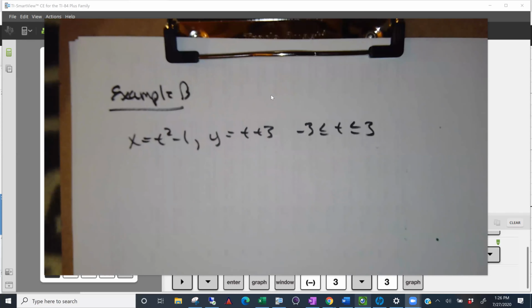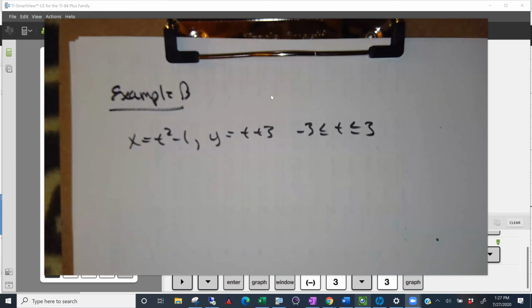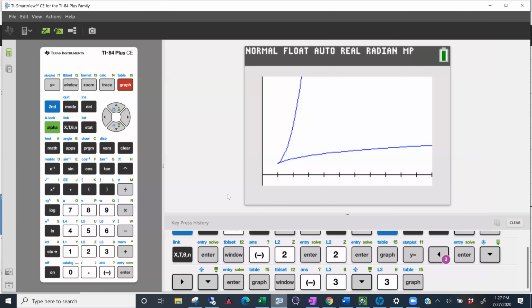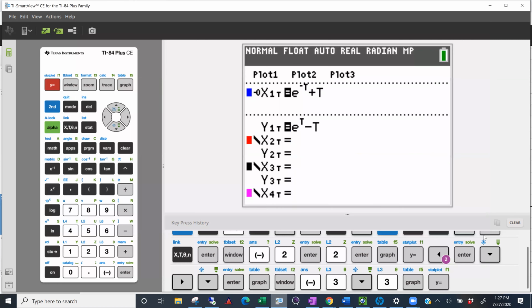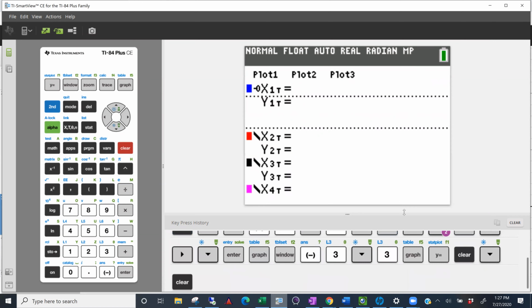Okay, so let's cut back to this and put those into our graphing calculator. Let me clear these out. Clear, clear.